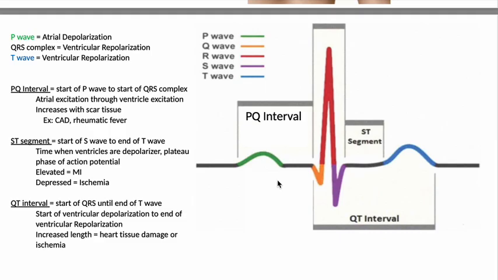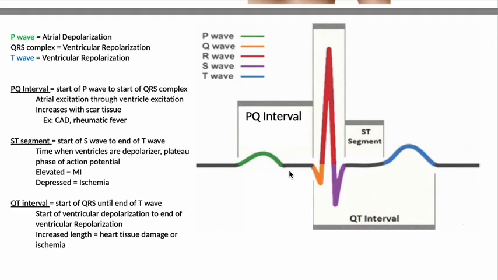So those atria depolarize, and then they're going to contract. Just like you plugged your blender in, and then you turned it on, it was a two-step process. Same here. The atria have to depolarize to get the electrical signal, and then they can go ahead and contract. And that's the current that we're seeing with the P wave. We are measuring how well the atria are preparing for contraction.